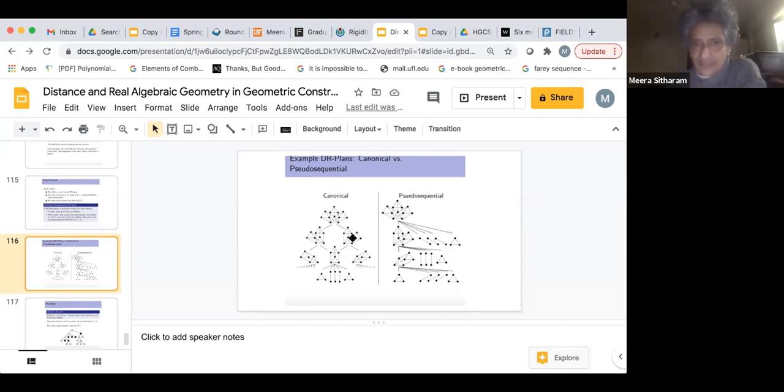So this one at the next level is going to split into all of these components. Here we've got the two rigid subgraphs with the non-trivial intersection.